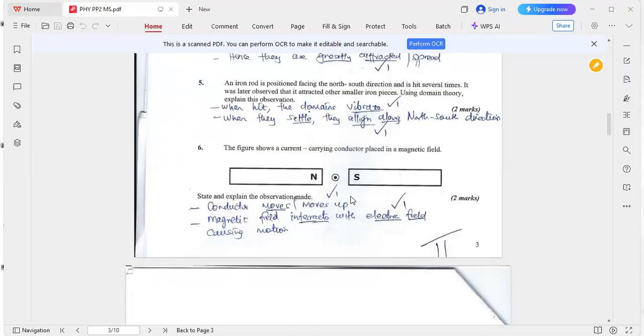Anything that moves due to electric current is due to the effect of interaction between two magnetic fields or more. So you should talk about the interaction between the two magnetic fields.